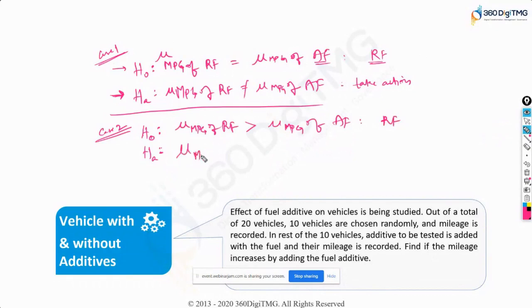But if the mileage of additive fuel is greater than the regular fuel vehicles, then yes, we can say that the additive fuel is improving the mileage. So in this case, I would conclude that additive fuel should be taken.